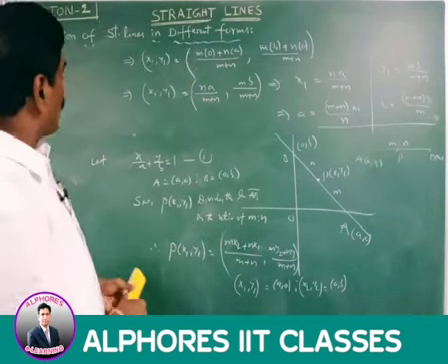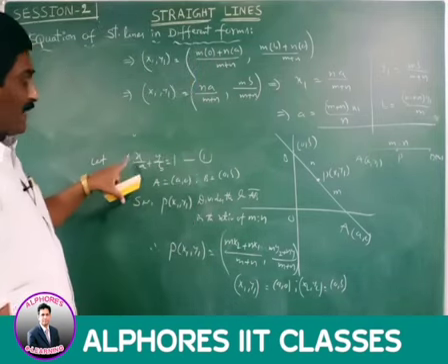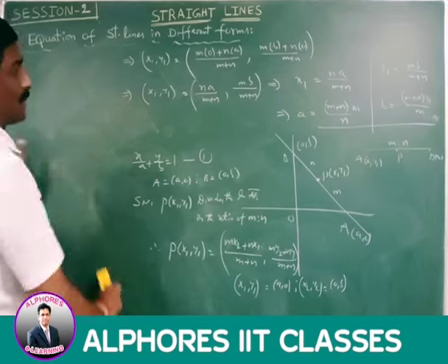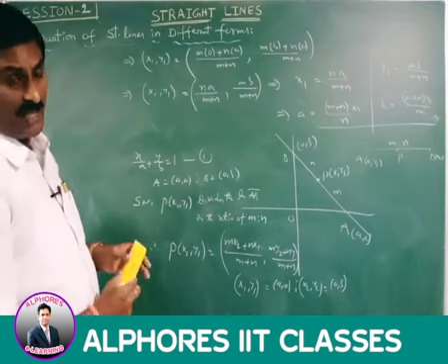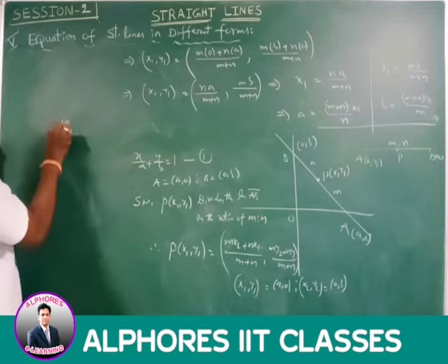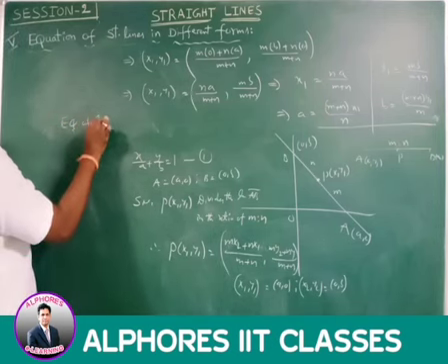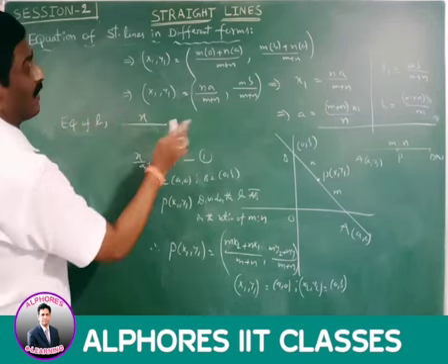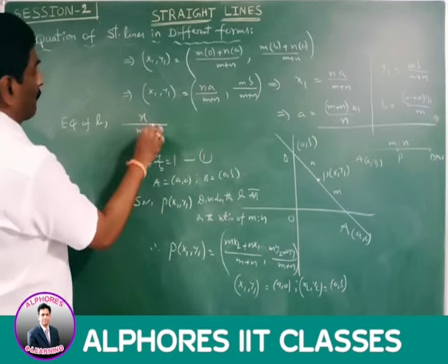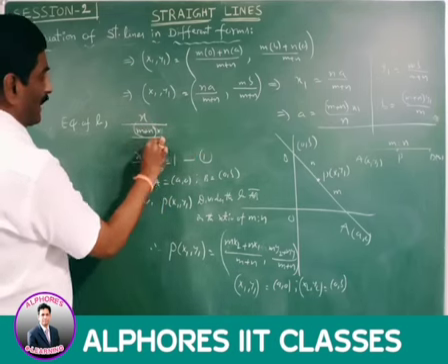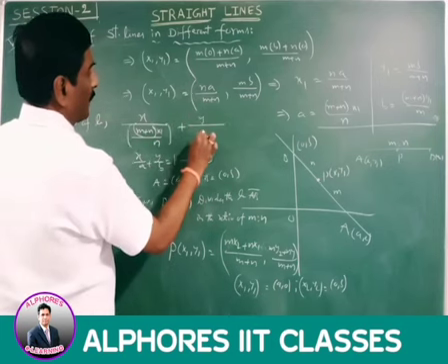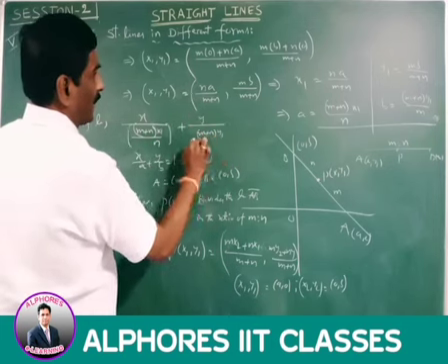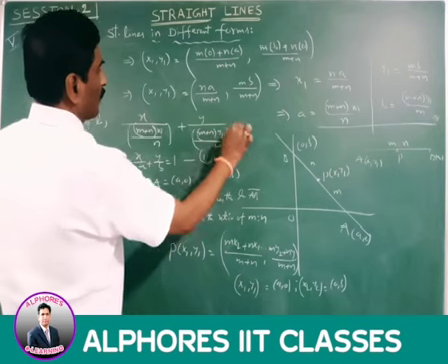But what is the equation of the line? x/a + y/b = 1. Substitute the values of a and b in this equation, we get the equation of the line. Therefore, the equation of the line is x/((m + n)x1/n) + y/((m + n)y1/m) = 1.